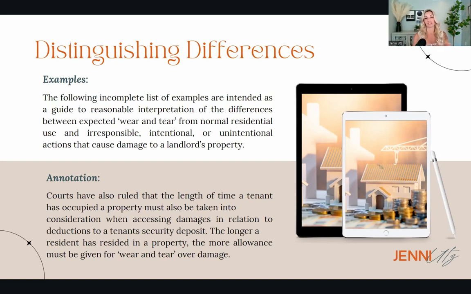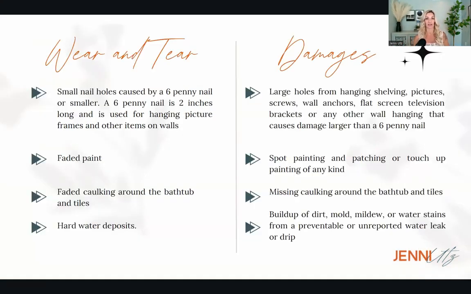If there is severe wear and tear on a property within a year of them being there versus that same amount of wear and tear for somebody being in the property for 10 years, the courts will adjust what that looks like. Heavy wear and tear could potentially be tenant damage in that 1 year, versus that same amount of wear and tear, if it was spaced over a course of 10 years, would not be considered the same as damage.